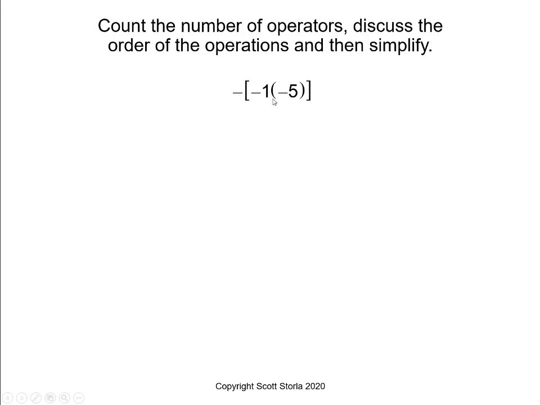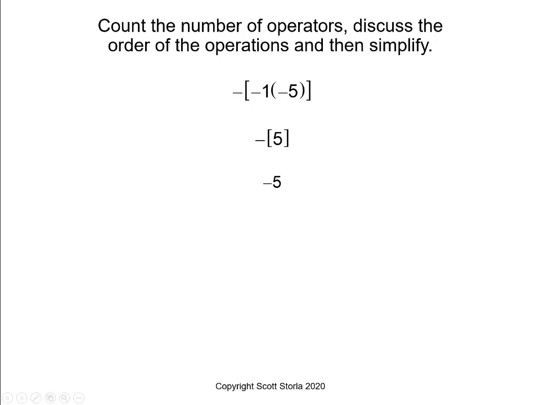The one operation approach sees a multiplication inside the brackets. By the grouping, that multiplication has to be done first. 1 and 5 is 5. The signs are the same, so it's going to be positive 5. Next, the opposite of positive 5 is negative 5.